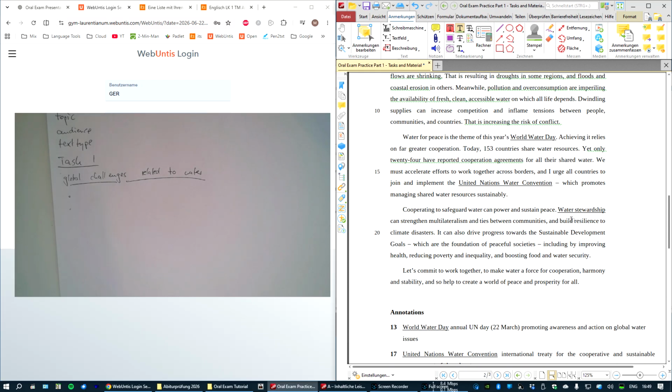So, it says the lack of multilateralism overall. So, I would note down simply that for the end can also drive progress towards the sustainable development goals.